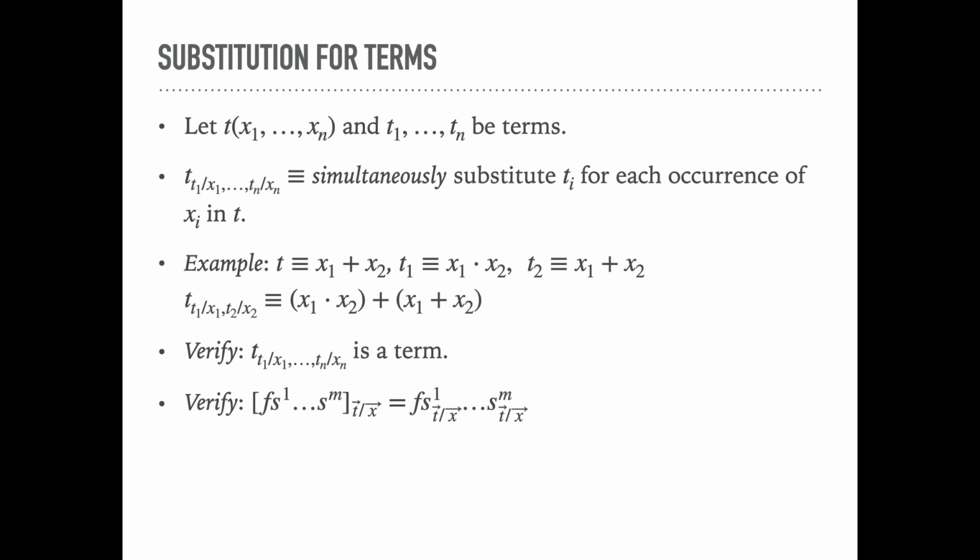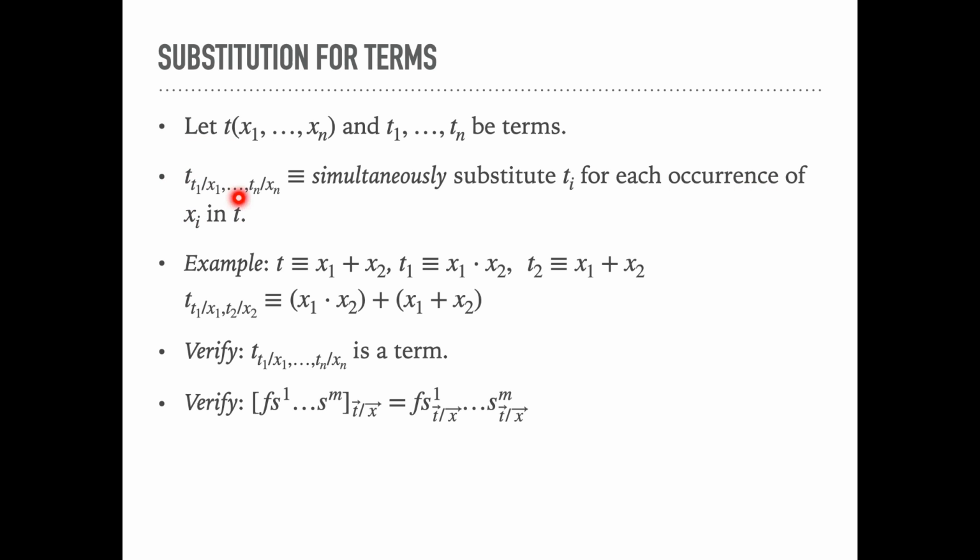For terms, everything is pretty straightforward because we don't have quantifiers around yet that we would have to be careful with. So let t be a term with variables x1 up to xn and t1 up to tn be terms. Now we define the term that we get if we simultaneously substitute ti for each occurrence of xi in t.